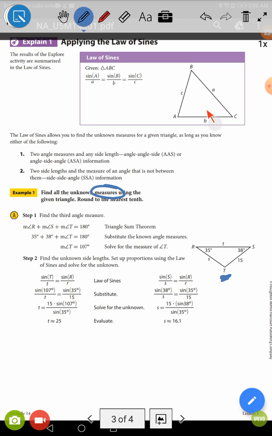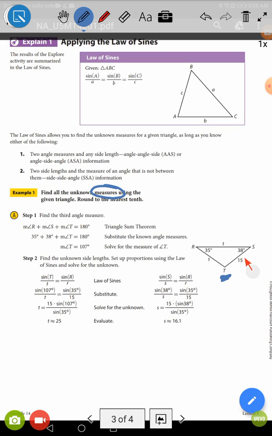It's easy. Angle T will be 180 minus both, because that's a triangle. So measure angle T will be 107. Then we'll make fraction equal fraction: sine S over S equals sine R over R. Why do we use sine R over R?